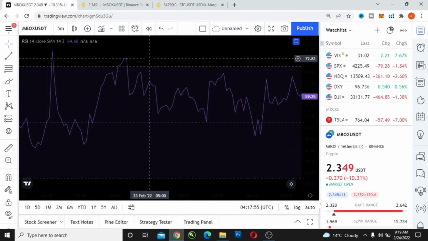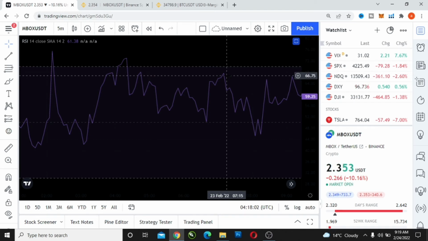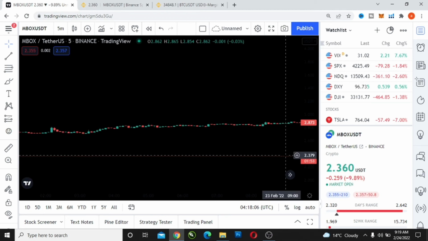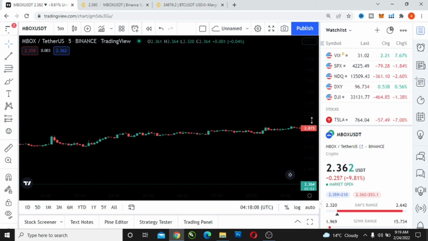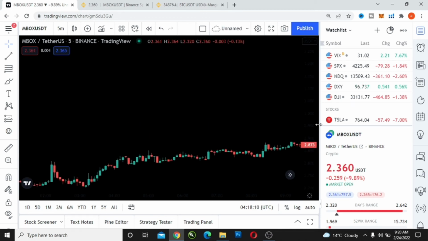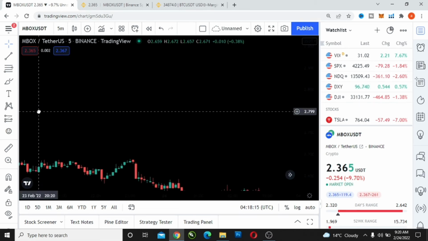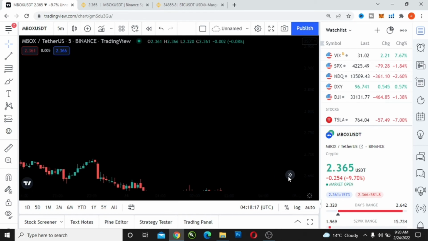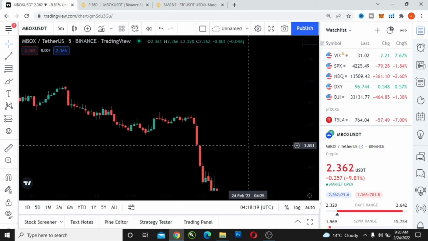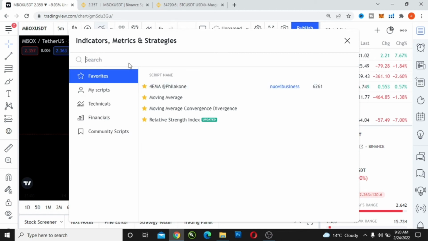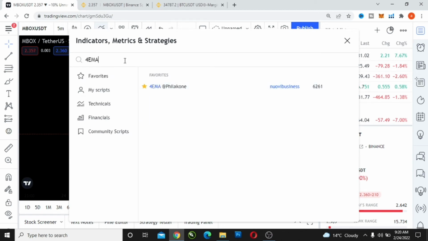This particular indicator gives you a 60 to 70% success ratio, but again you have to be much more sure by looking at one more indicator. So the other indicator is EMA.